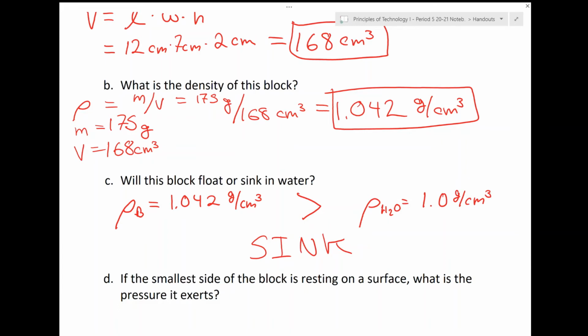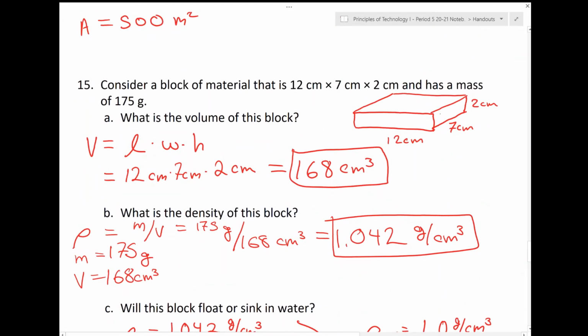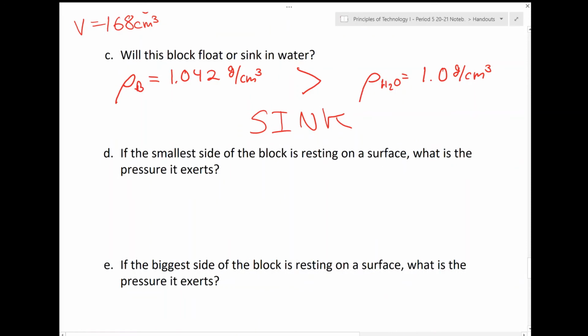Part D says, if the smallest side of the block is resting on a surface, what is the pressure it exerts? So the smallest side of the block is the 2 centimeter by 7 centimeter side. To find pressure, remember we take force divided by area.